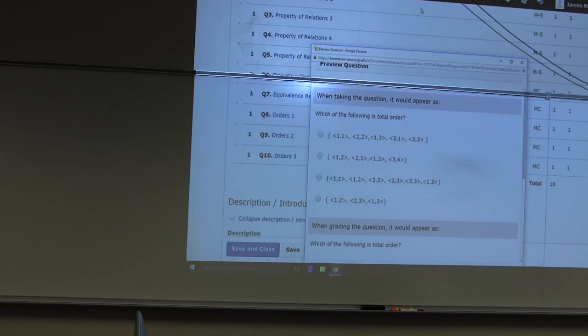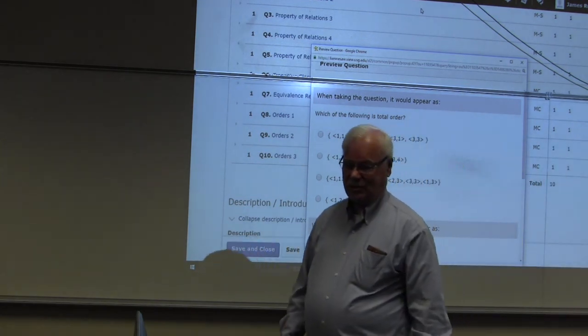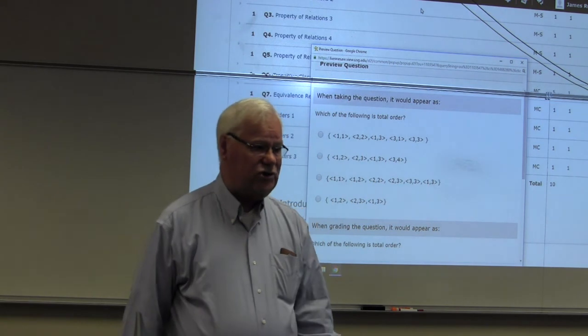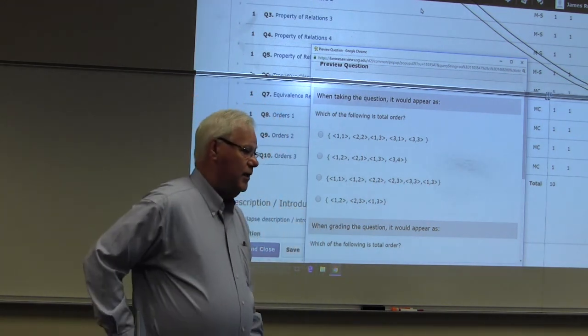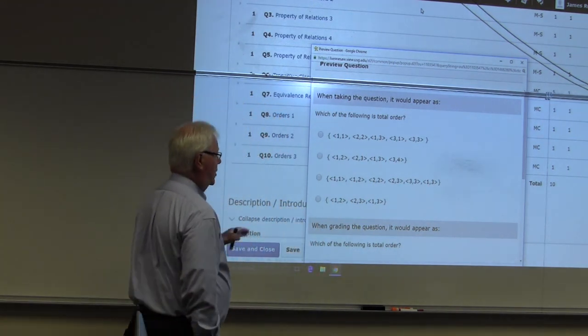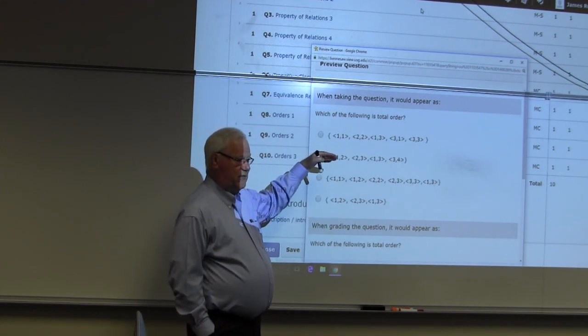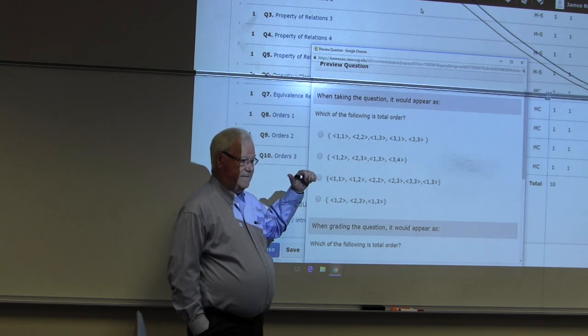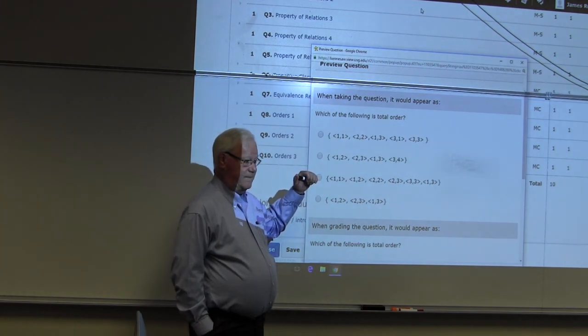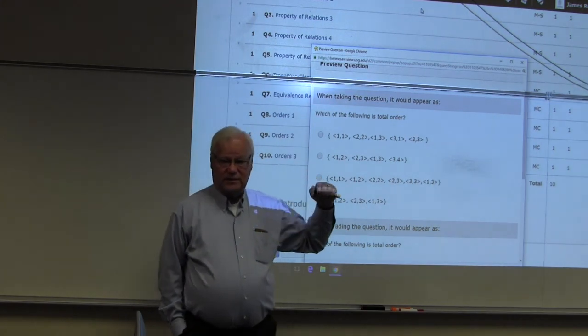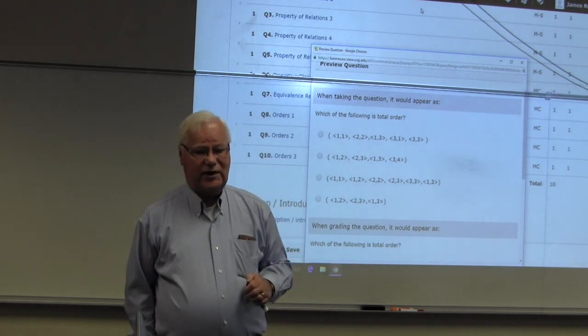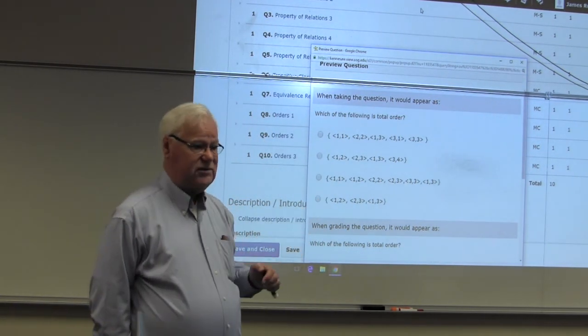Okay, total order. Now, we didn't have any questions on here on partial order, but partial order and total order are very similar. To be a partial order, for instance, we must be reflexive, transitive, and anti-symmetric.